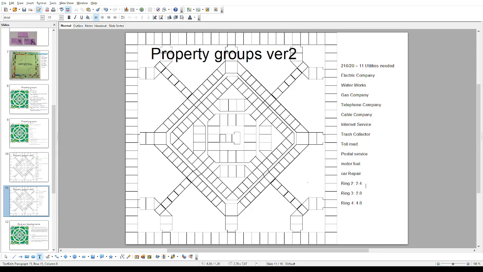You know what? I don't hate it. Yeah, I'll just keep it that way. But yeah, put 5 of them in ring 4, 3 of them in ring 3, and 3 of them in ring 2, I guess. Because I kind of sort of need to do something to balance it.